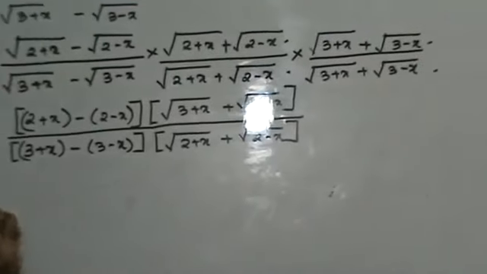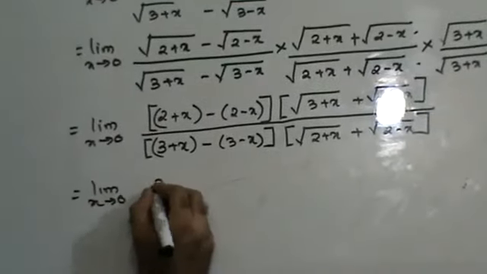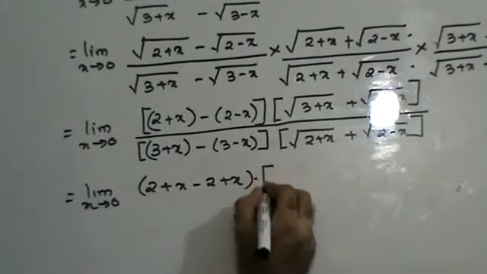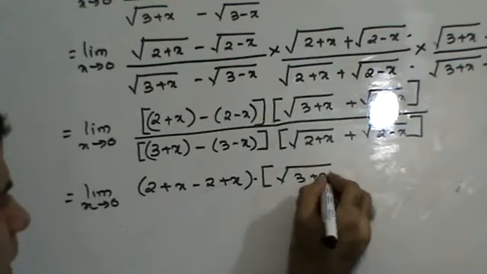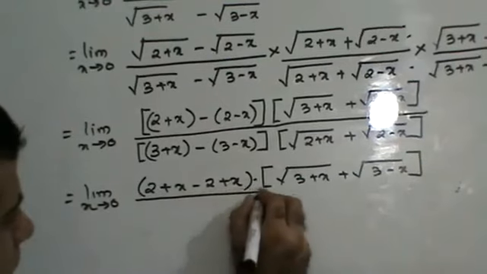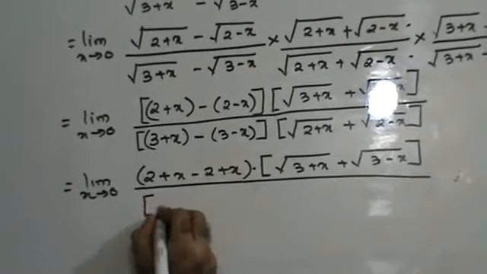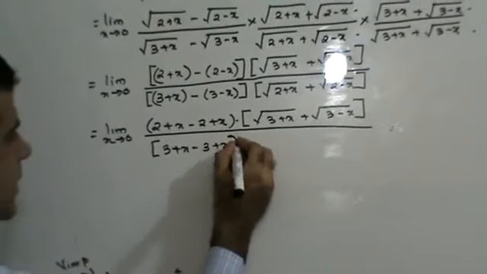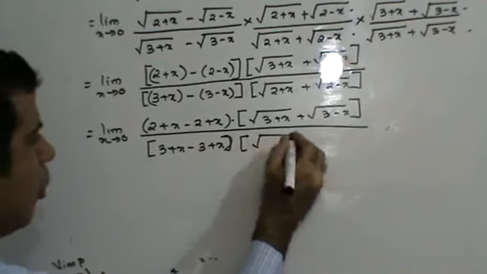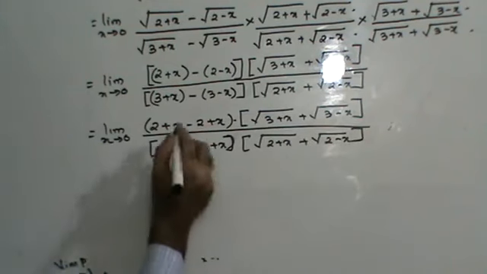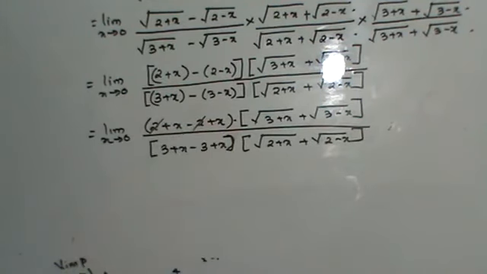This can be written as limit of x tends to 0, 2 plus x minus 2 plus x, root of 3 plus x plus root of 3 minus x upon, this is 3 plus x minus 3 minus into minus plus x into root of 2 plus x plus root of 2 minus x. Now here plus 2 minus 2 gets cancelled, plus 3 minus 3 gets cancelled.